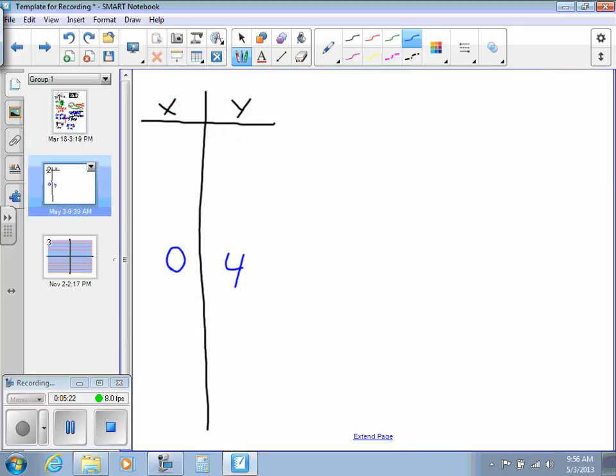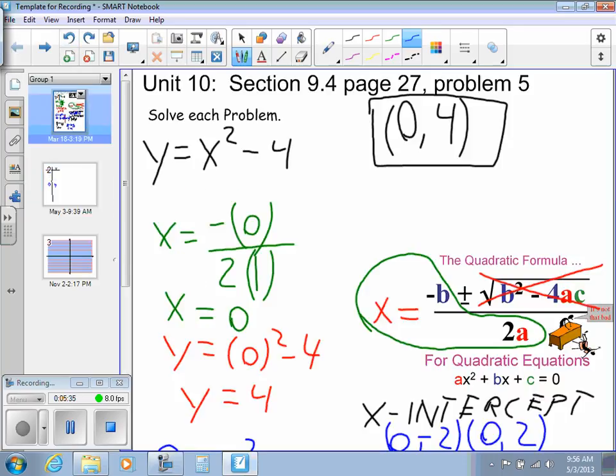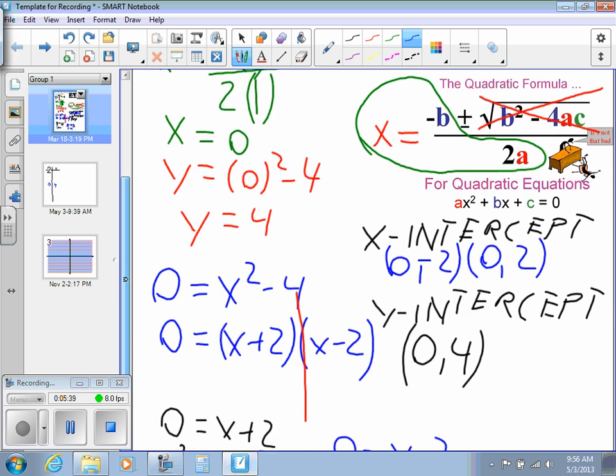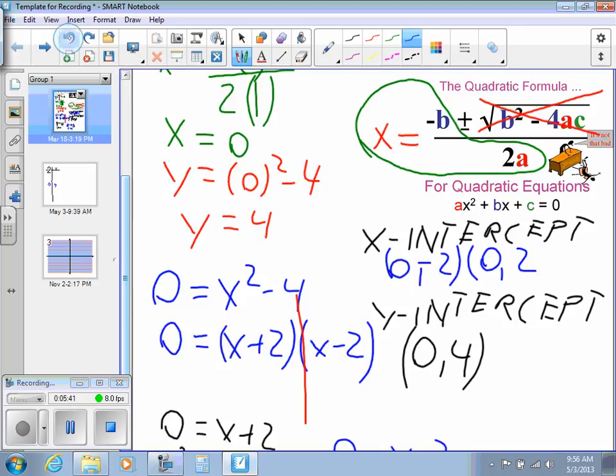So I have an intercept at 0, +2, and an intercept at 0, oops, back up. Let me fix this. I hope that some of you guys caught my mistake here. Let me fix this. So it is not x that equals 0, it is y.